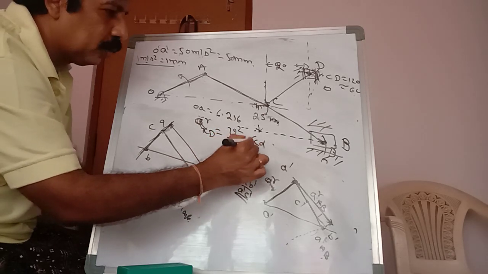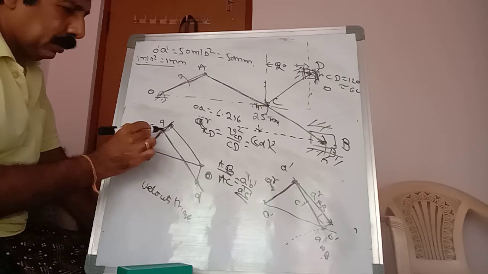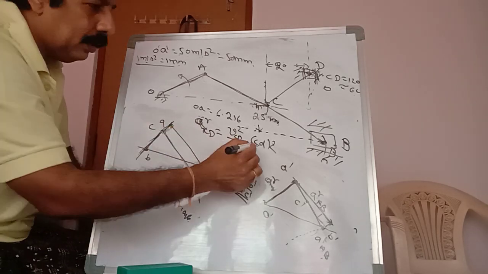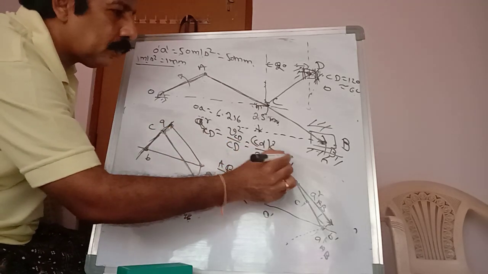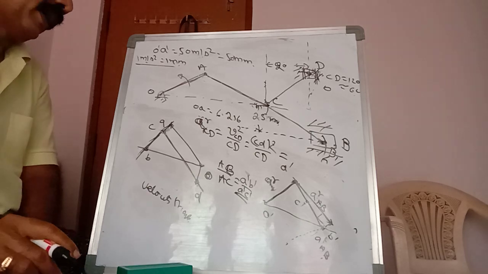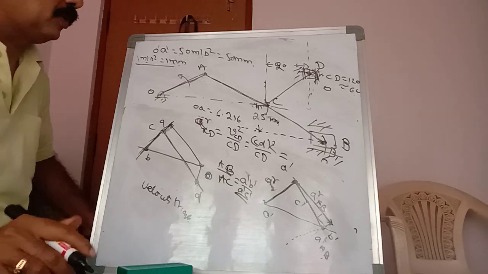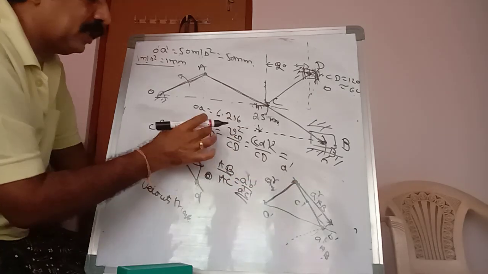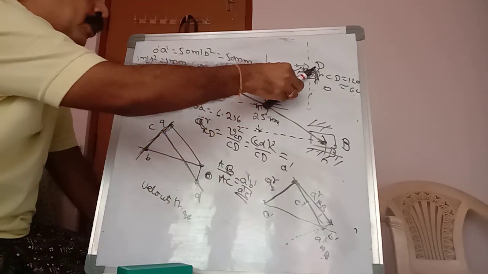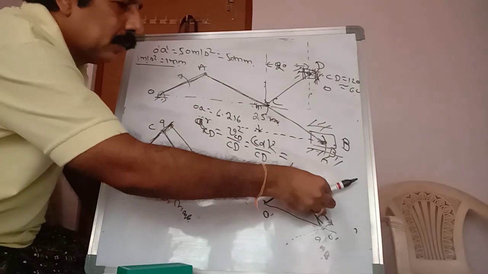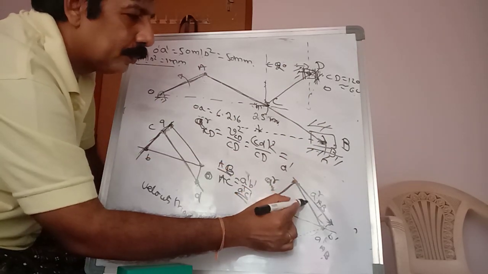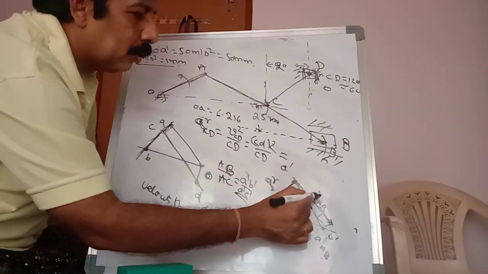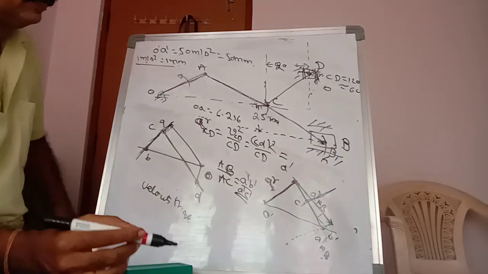That means CD whole square from the velocity triangle, converted into scale, by capital CD. Then we will get the value of ARCD. Now from C dash, with the value of ARCD, always the radial component is parallel to the link. So you have to draw a line parallel to that one.